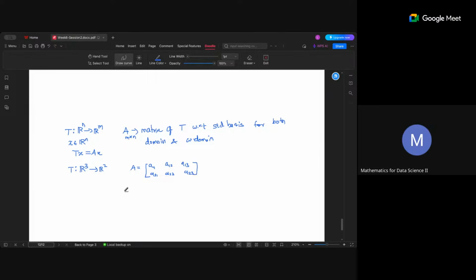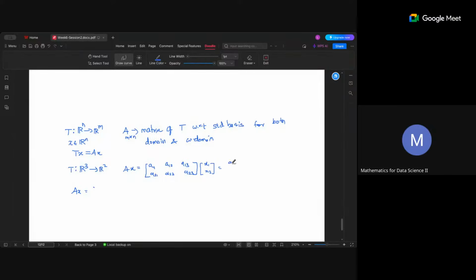Now, what is meant by Ax? So Ax is nothing but this matrix times x. Maybe I'll write Ax here itself so that I don't have to repeat writing A again. Now let's first split it and write it.